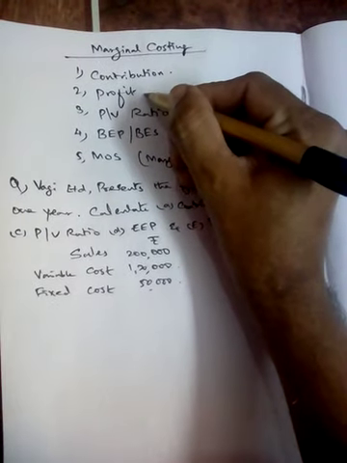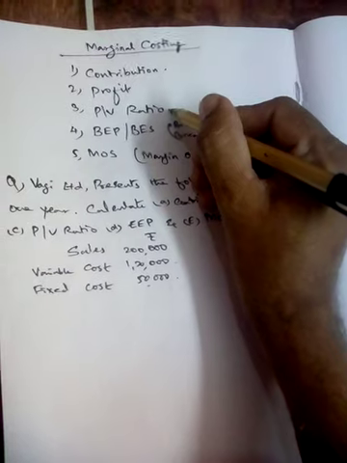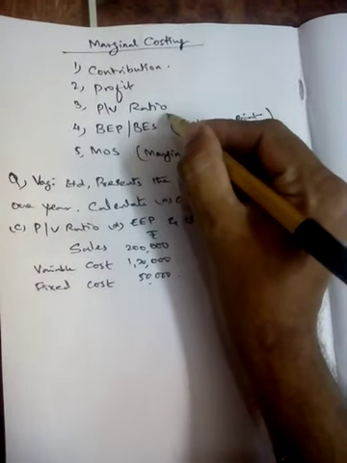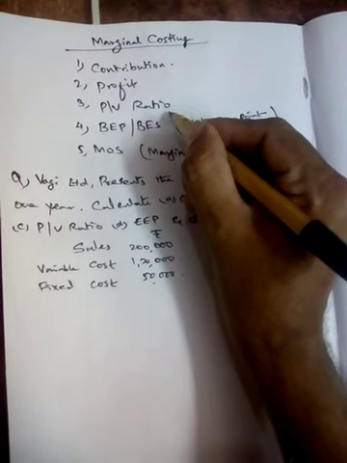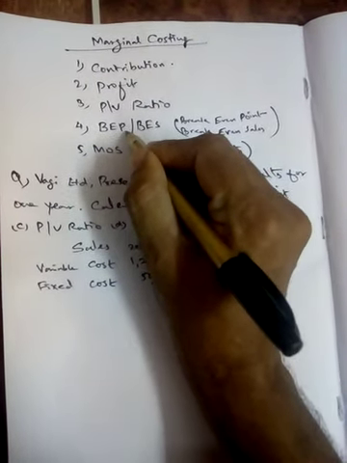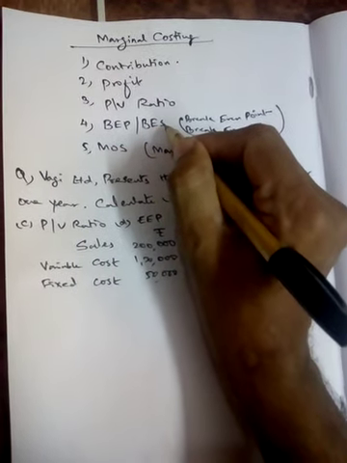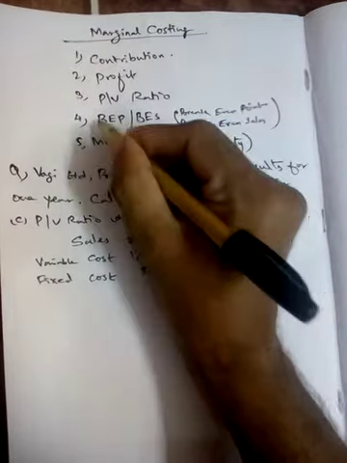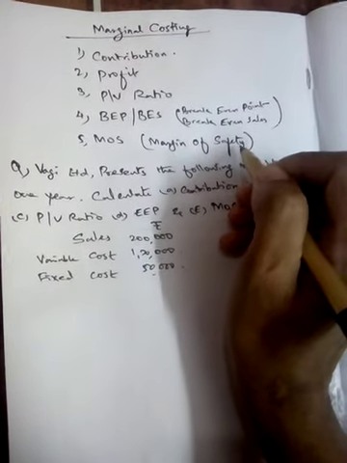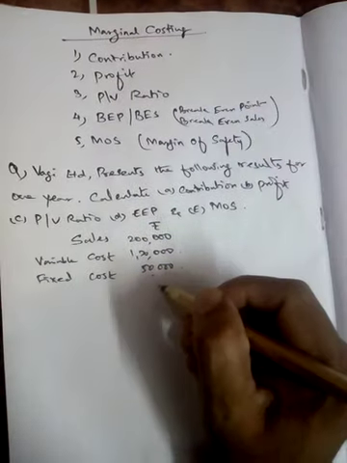Then next we go through the profit, then PV ratio, that is profit volume ratio, can be calculated, and then break even point, that is BEP, break even point or break even sales. The last one is MOS, that is margin of safety. We can go through these in marginal costing.